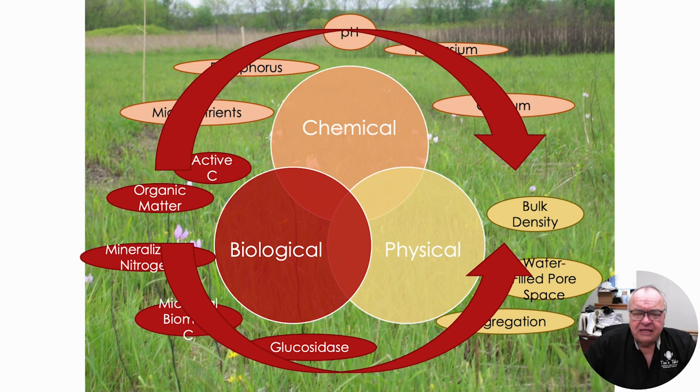There are three different soil health indicators: our biological, chemical, and physical soil properties. When we put these together, we want to optimize our soil for the production of our crops and to give the best nutritional possibility to our animals and to humans.